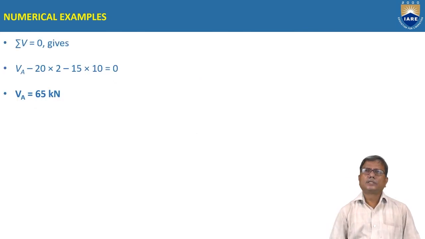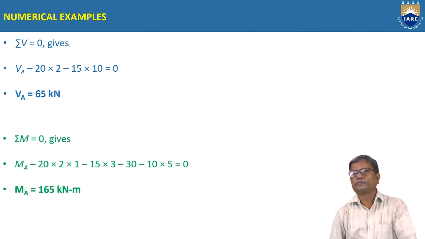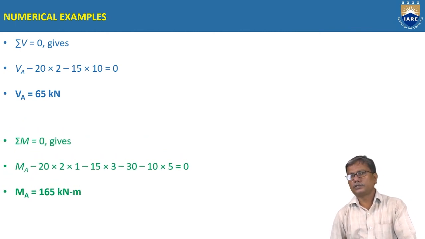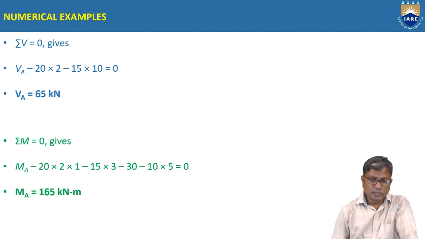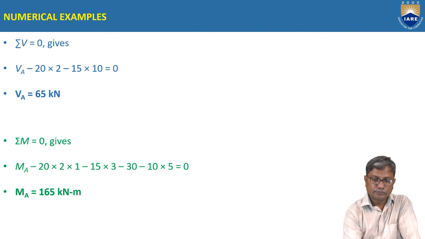So here the reactions can directly be calculated by applying the conditions. Sigma V equal to 0 gives directly the reaction VA. Sigma H equal to 0 gives the horizontal reaction as 0, and sigma M equal to 0 gives the moment at A. Now, what is the moment at A?